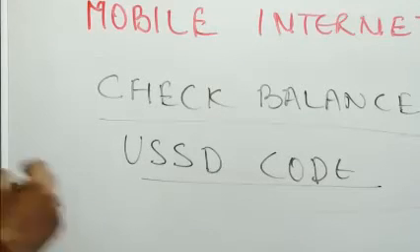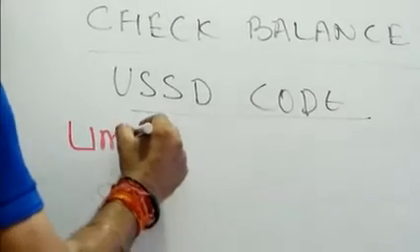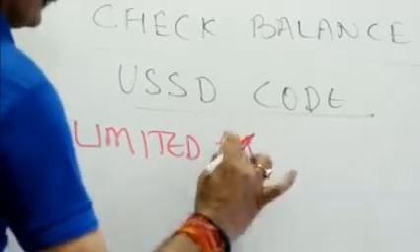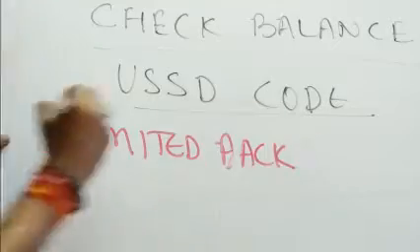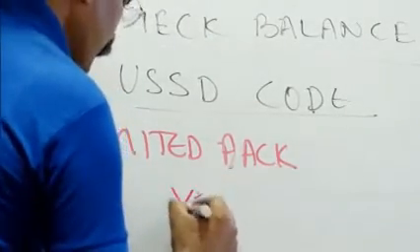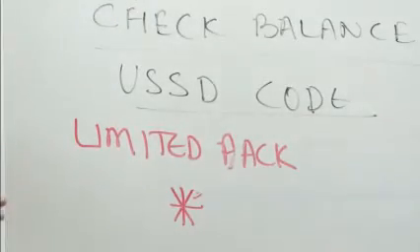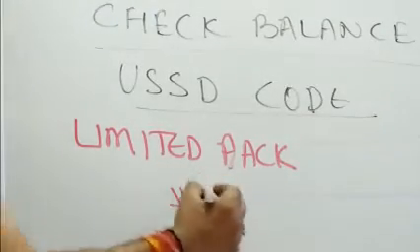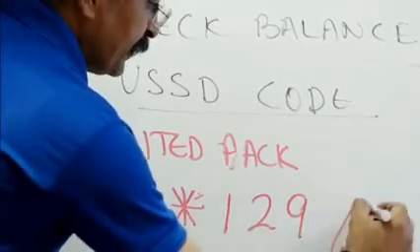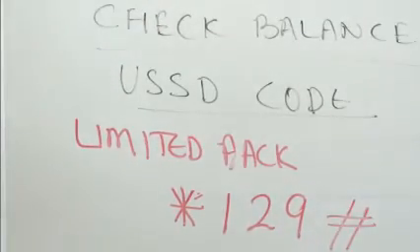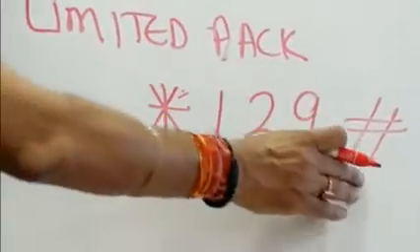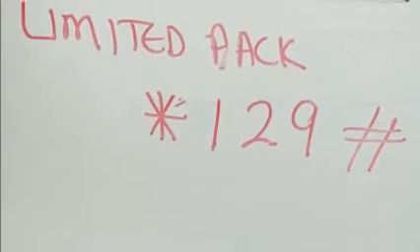So for the limited pack, you have star 1 2 9 hash. All your USSD codes will always start with star and end with hash. Anything which you dial on a handset starting with star and ending with hash will be a USSD code.